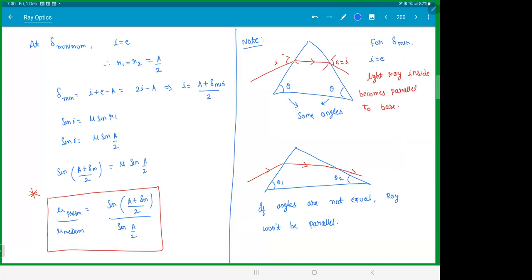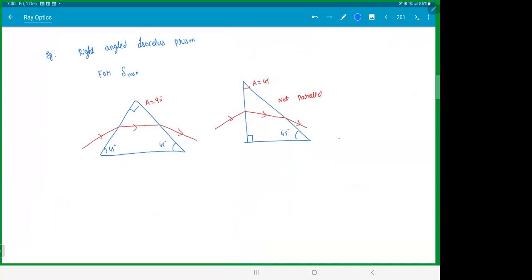Check this out. Next one. Condition for no emergence.